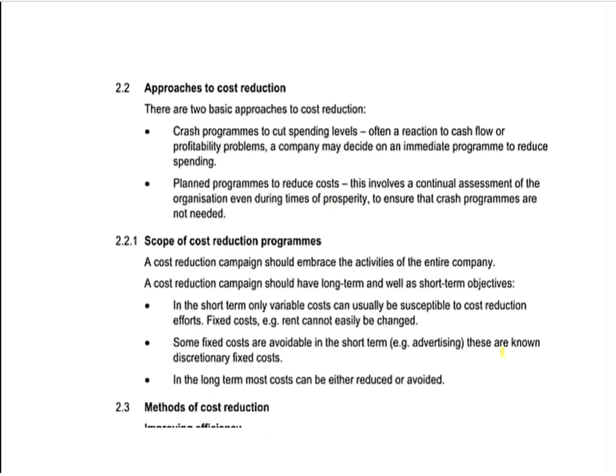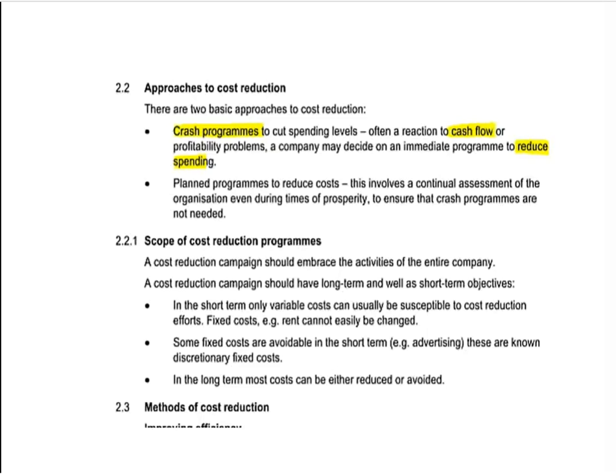There are two different approaches to cost reduction. A crash program, sometimes a bit of a knee-jerk reaction, very quickly to try and reduce spending. So problems with cash flow, we've got a big bill that we need to pay, what can we do about this? How can we implement changes in the short term?